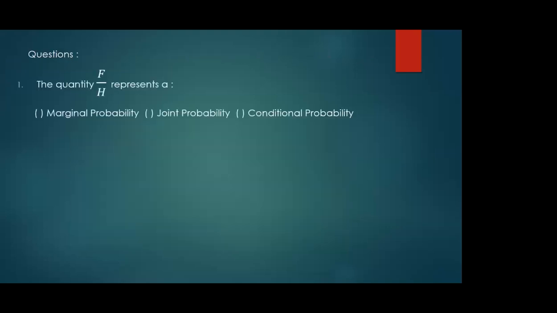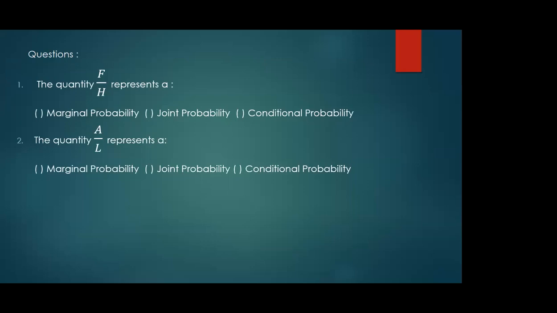All right, so the next question is: the quantity A divided by L represents what? Does it represent a marginal probability, a joint probability, or a conditional probability? So we're looking at the second question now.